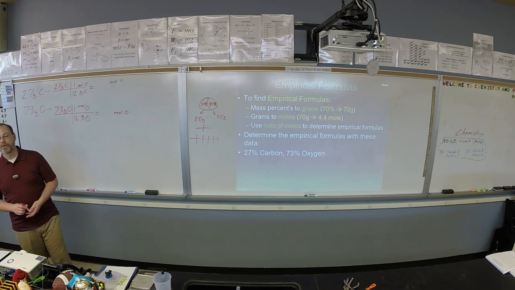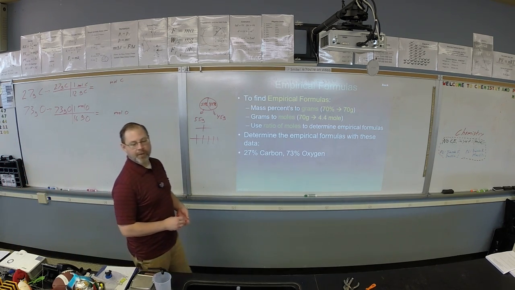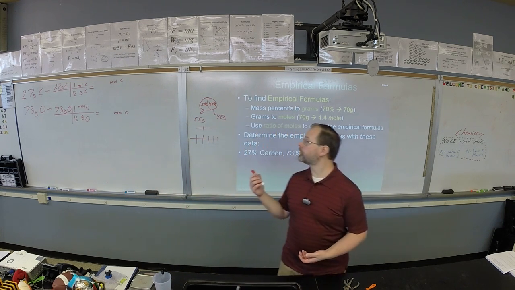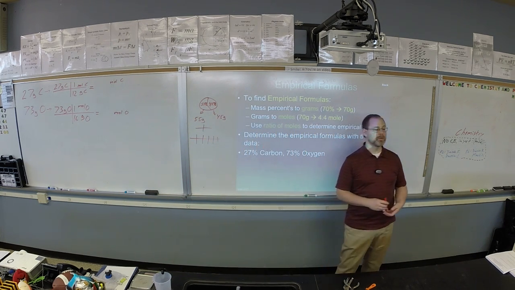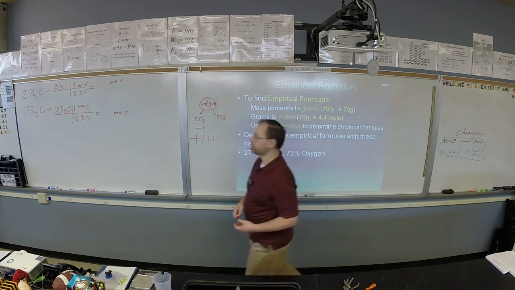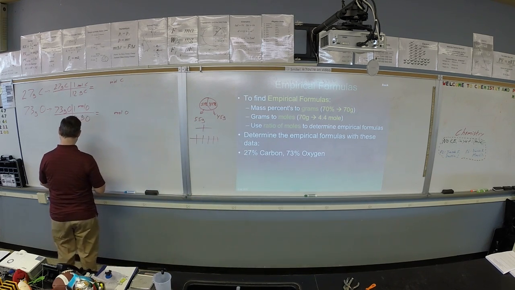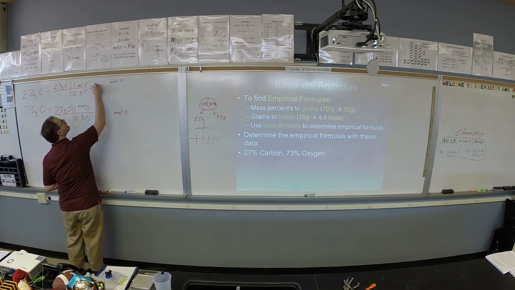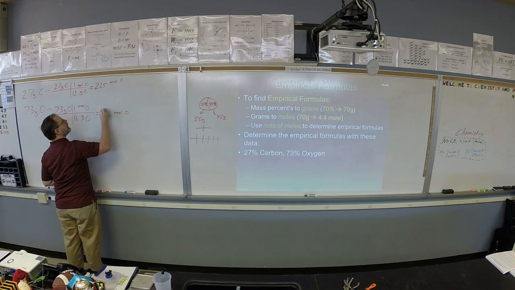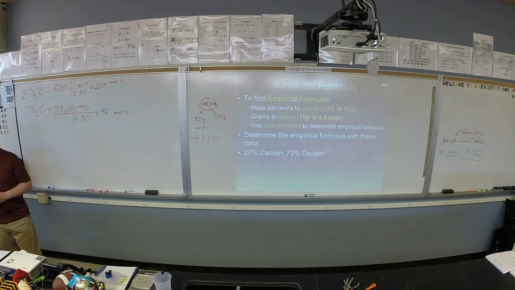All right, guys, so now that you have your calculators, find out how many moles is 27 grams of carbon and how many moles is 73 grams of oxygen. 2.25 and 4.6. Sounds good. Okay. Some of you already know where this is going.